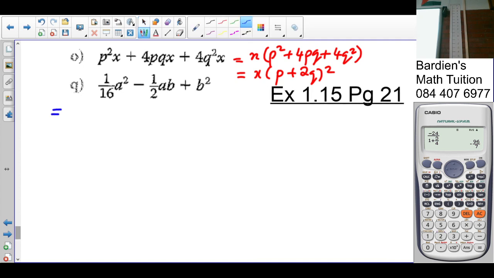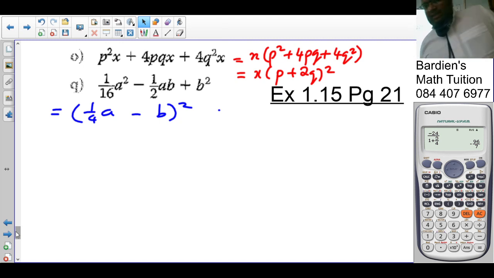And then the last one, what's the square root of 1 over 16 a squared? A quarter a minus b all squared. All agree with that, people? Right, for homework: the rest of exercise 1.15 on page 21.